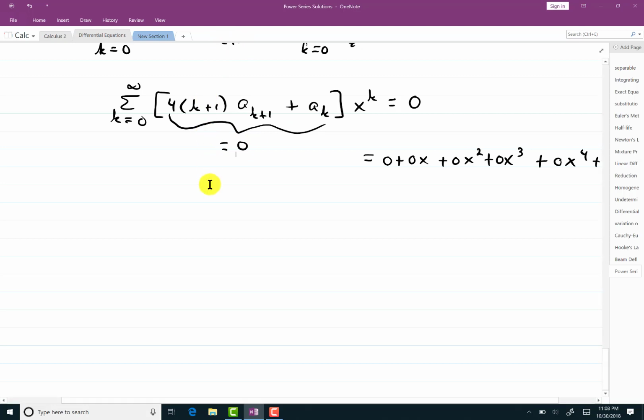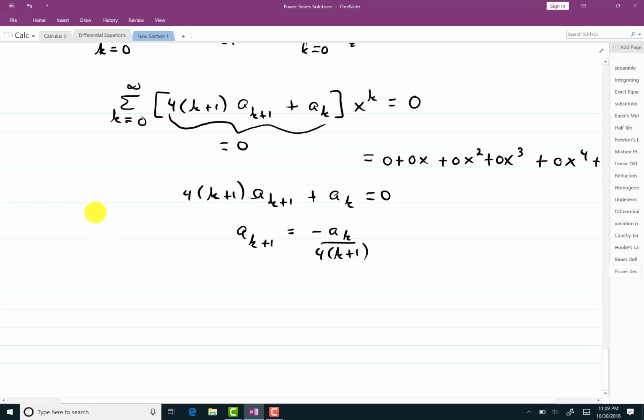And in fact then, what I'll have is 4 times k plus 1, a sub k plus 1, plus a sub k equals 0. Now I'm going to leave the a sub k plus 1 on the left and get the other stuff to the right. So I'll get a sub k plus 1 will equal negative a sub k all over 4 times k plus 1.